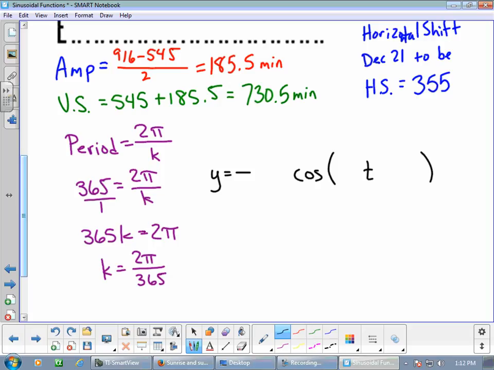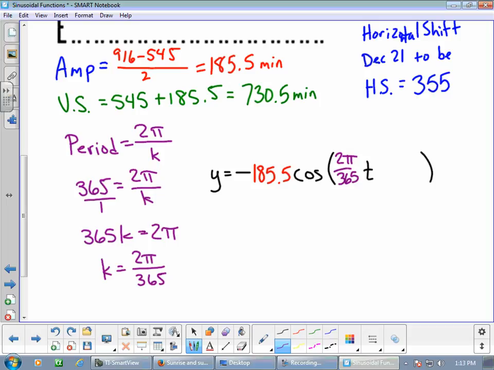Go ahead, help me fill in the blanks here. 185.5 goes where? Okay, goes in front of the cosine. Negative 185.5 cosine of 2 pi over 365 times t.